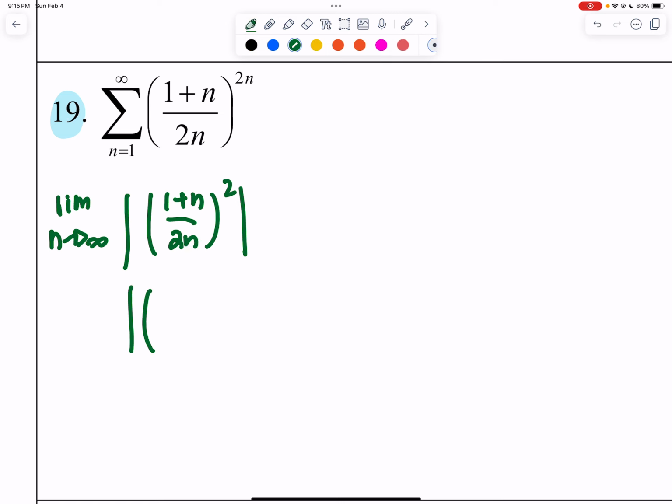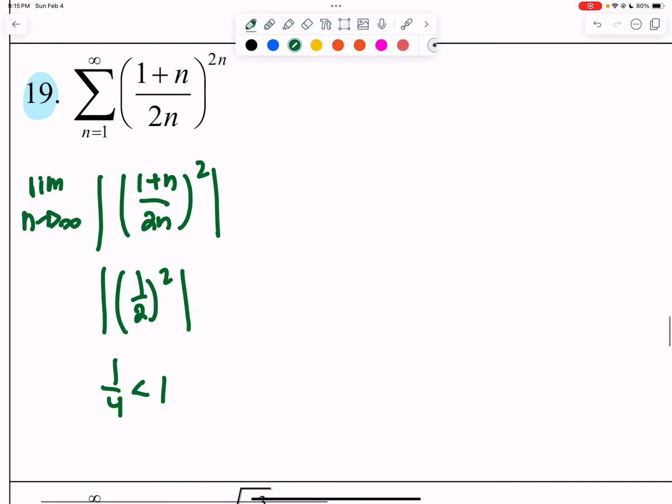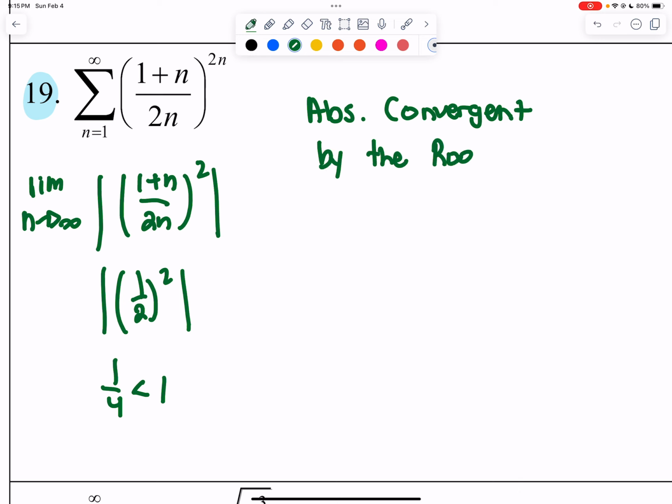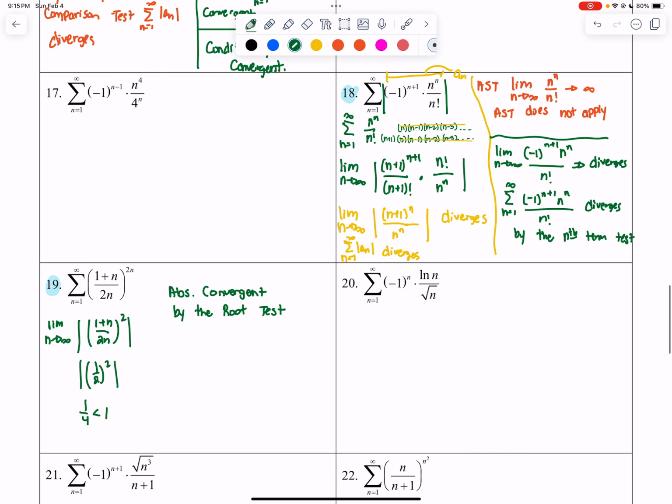And then if I were to square that, that's going to be 1/4. And since 1/4 is less than 1, this tells me this right here is absolutely convergent by the root test. Alrighty. That was fun.